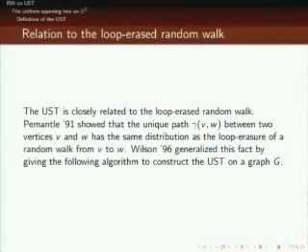Okay, so there's a strong connection between uniform spanning trees and loop-erased random walks. And I know I haven't defined the loop-erased random walk. I'll give a more precise definition in a second, but it's essentially what you think it is. So given any two vertices in the uniform spanning tree, there's going to be a unique path between them. And we're going to let gamma VW be this unique path.